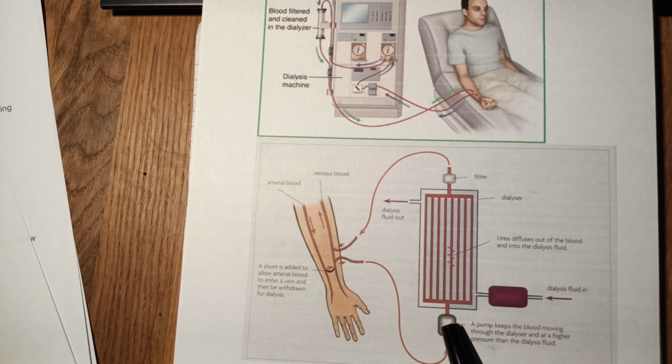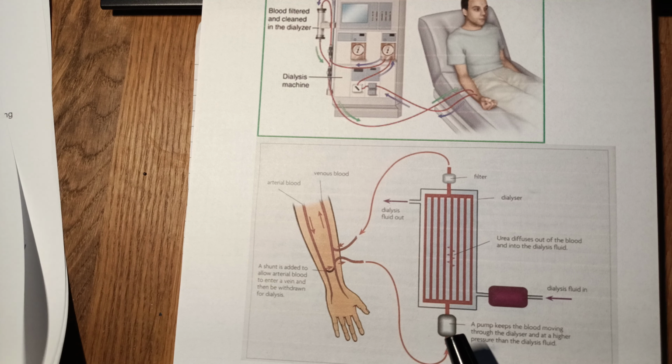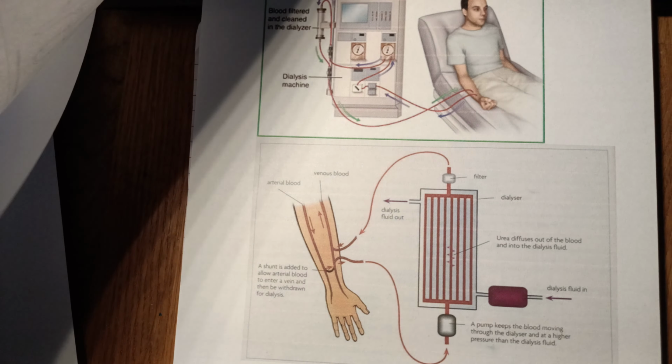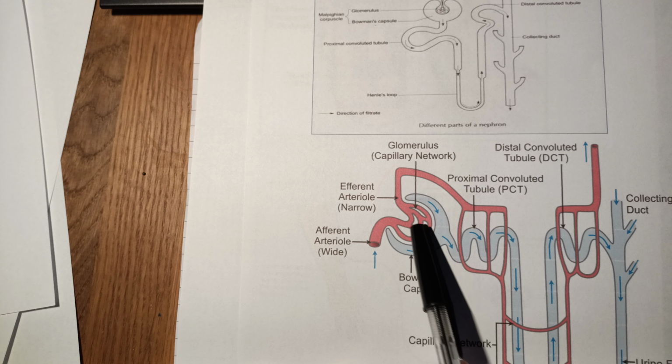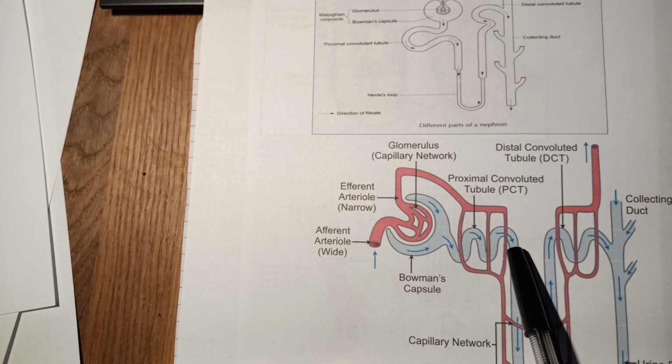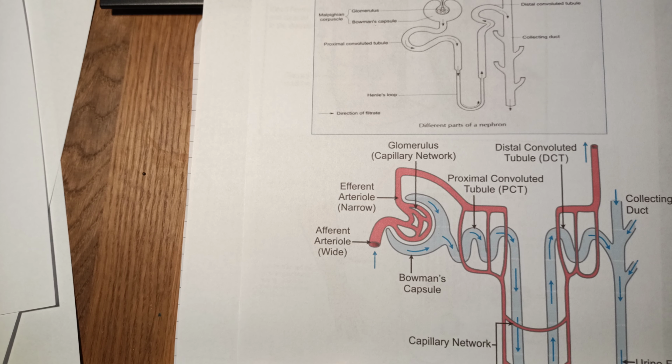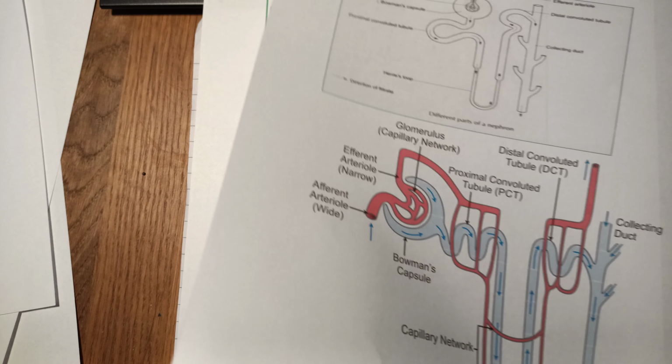So we have seen in the natural human kidney, the fluid enters into the renal tubule via filtration, and then there it is reabsorbed into the arteries and arterioles and venules.